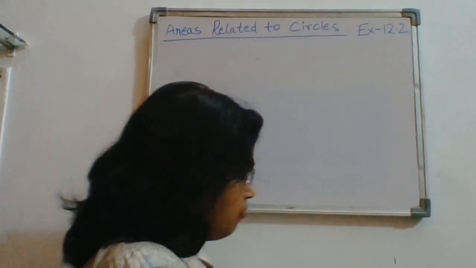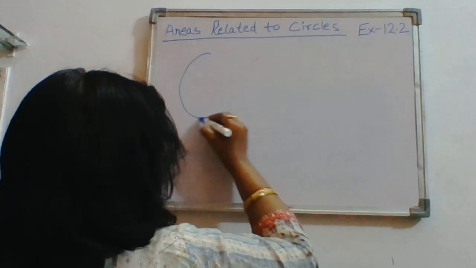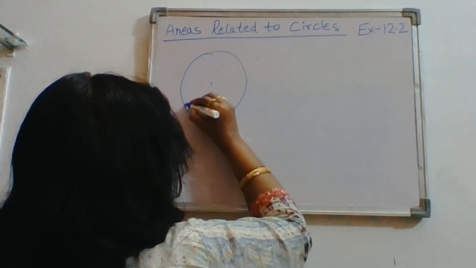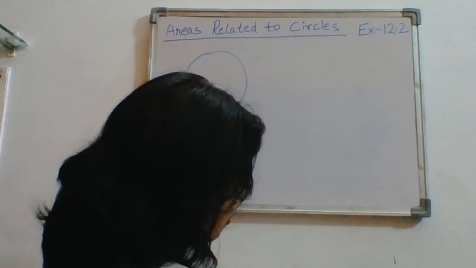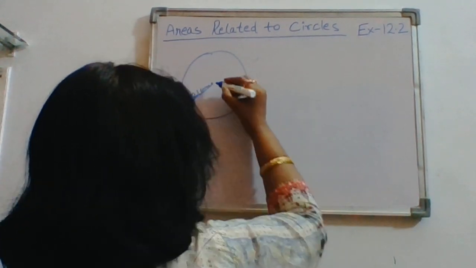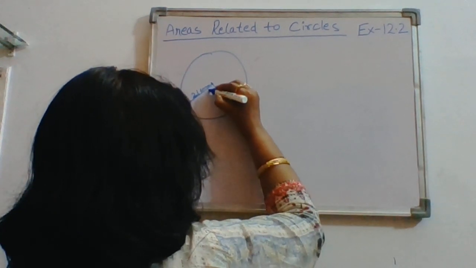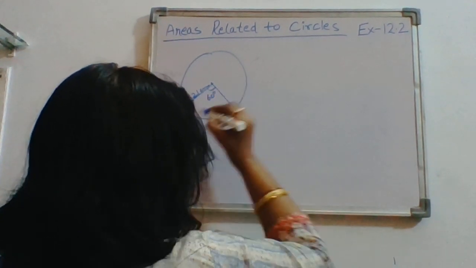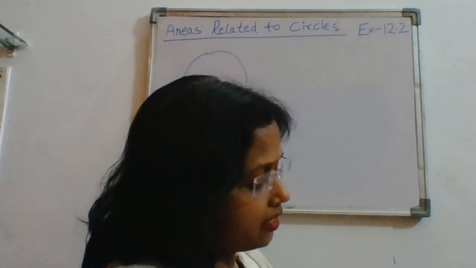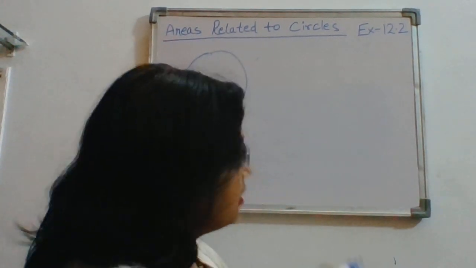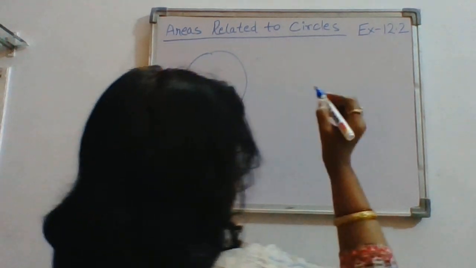So radius is given as 21 centimeter and the central angle is 60°. Now we have to find the length of this minor arc.